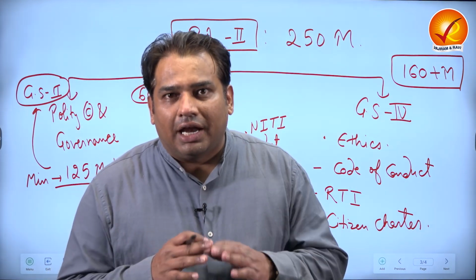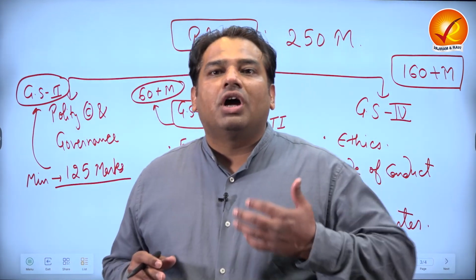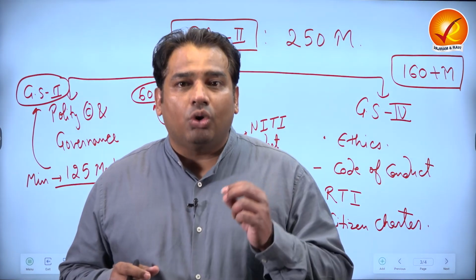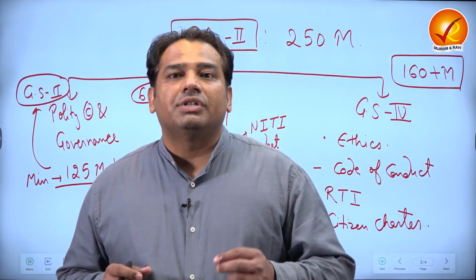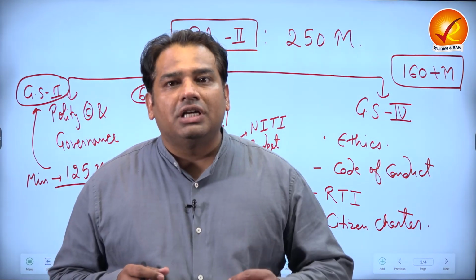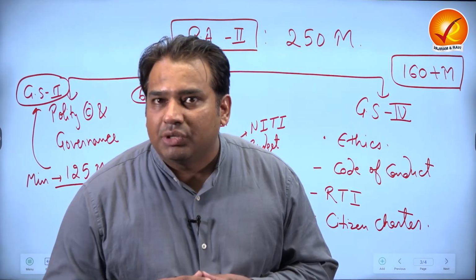So in this entire brief discussion, my objective was to convey why PubEd can be a good optional for the civil services examination, and how it is also suitable for the coverage of general studies simultaneously.